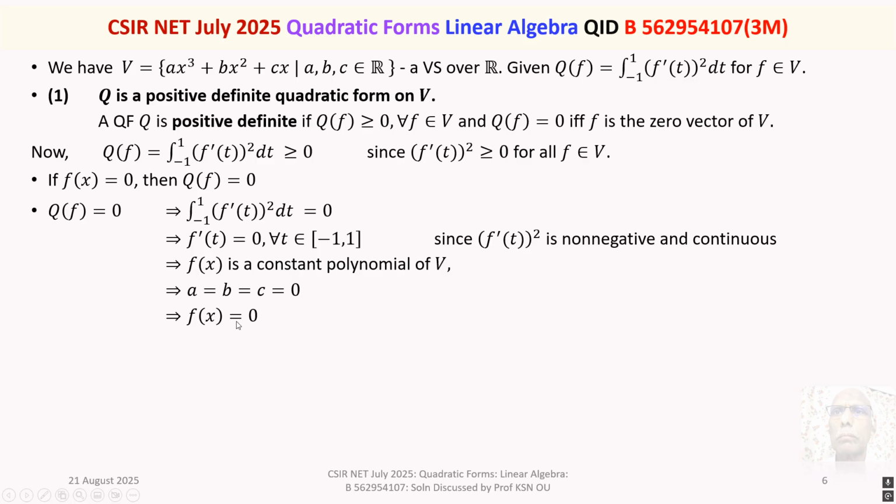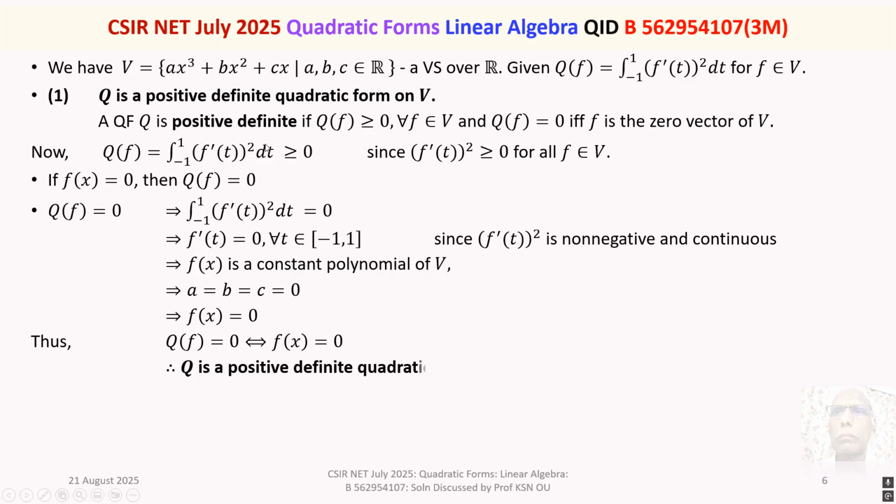This means f of x is equal to 0, the zero polynomial. So Q of f is equal to 0 if and only if f of x is equal to 0.